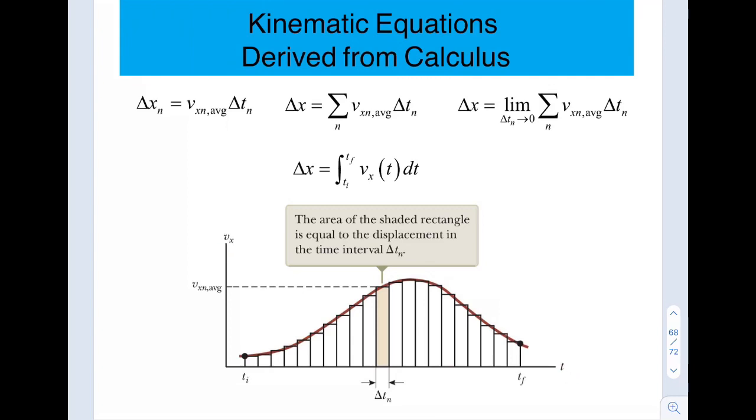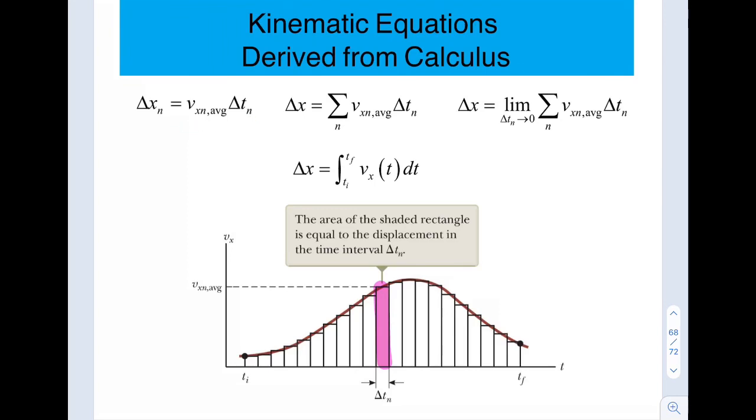The area equals V times delta t, and you will get delta x by multiplying V with delta t.